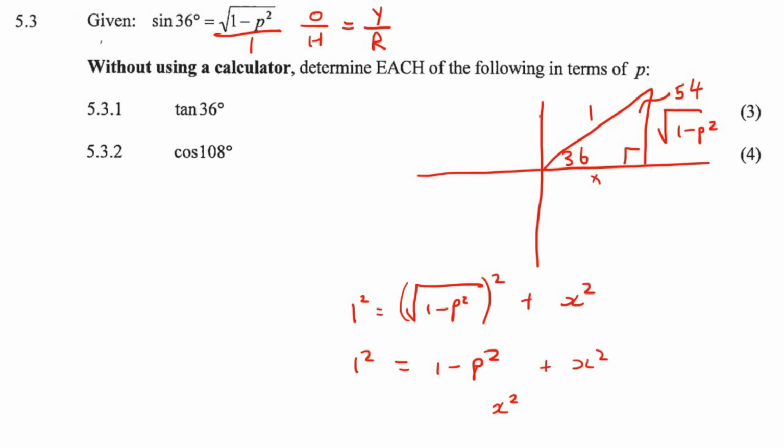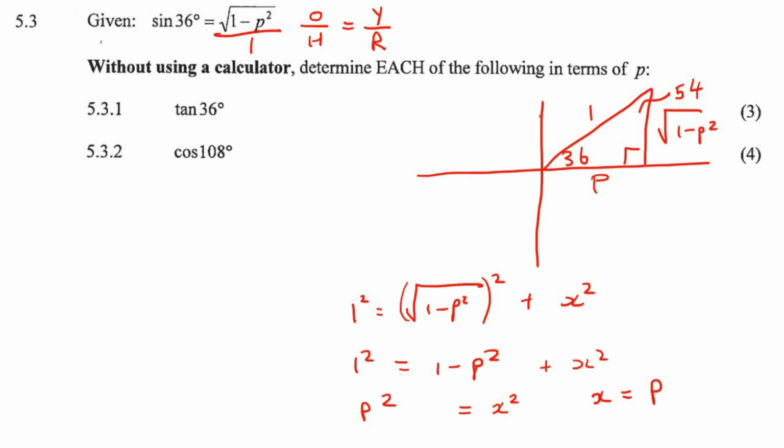If I get x squared alone, I'm going to end up with p squared, because the 1's cancel. And if you take the square root, x is just p. You could say plus or minus p, but because this is a positive x value, let's just say positive p.